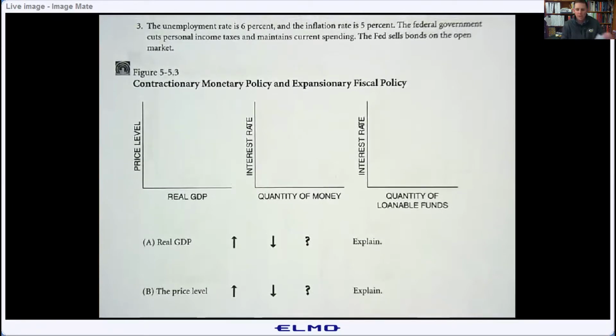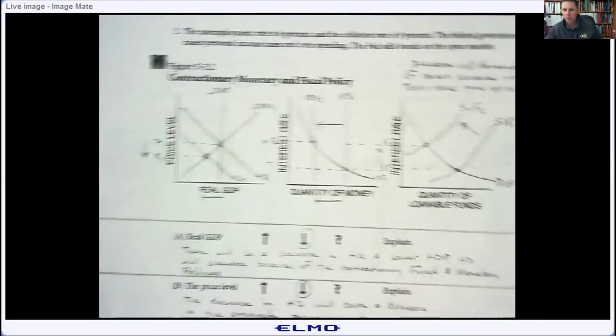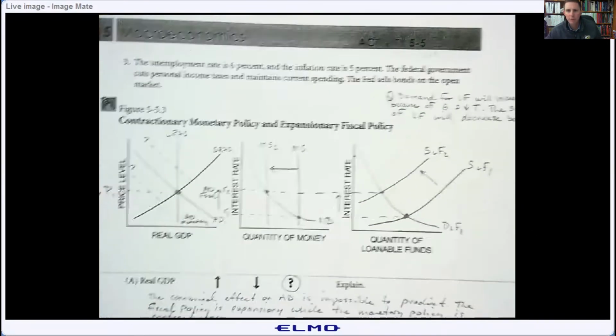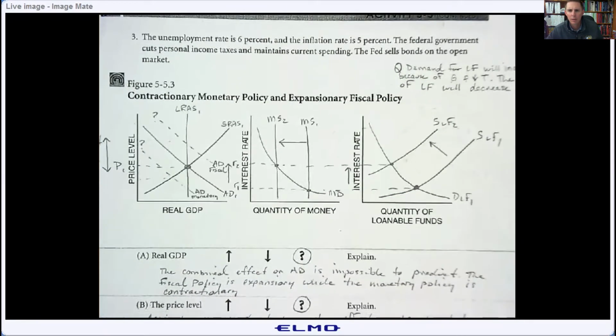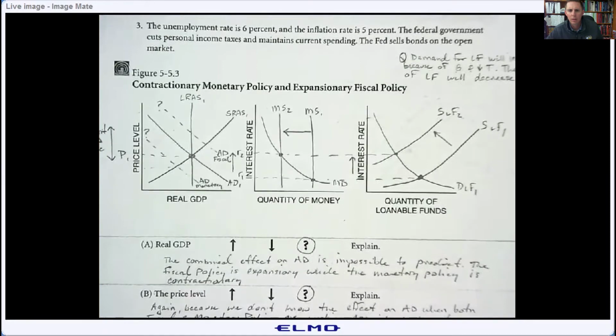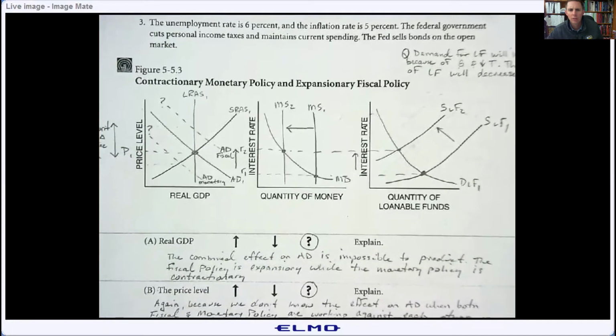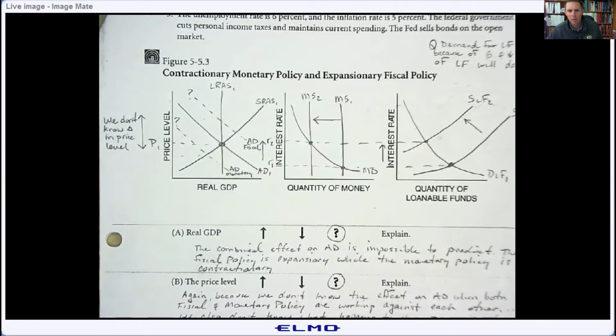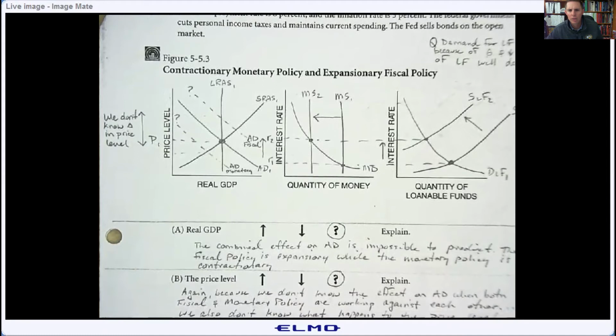Okay, now that you've done that, here are the final answers for that. Right here. Nope, that's not right. Right here, sorry. Some of these are question marks because we don't know the effect.